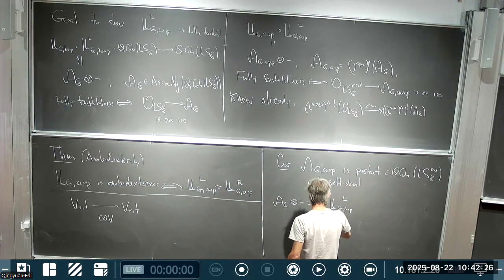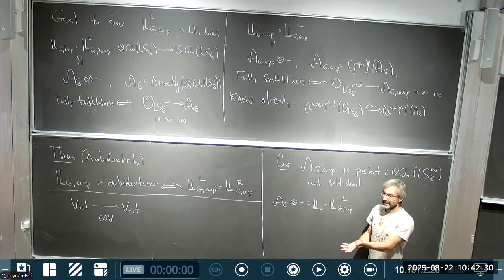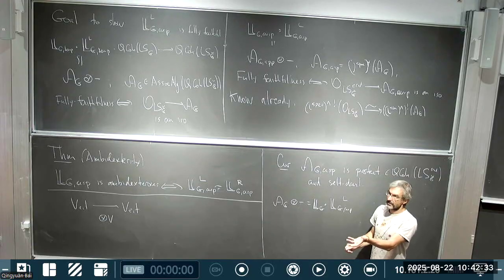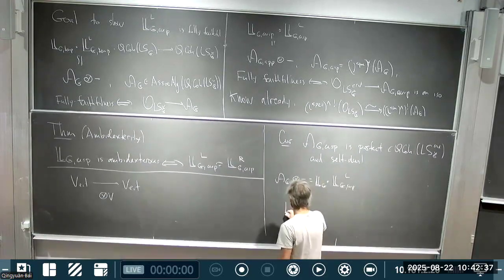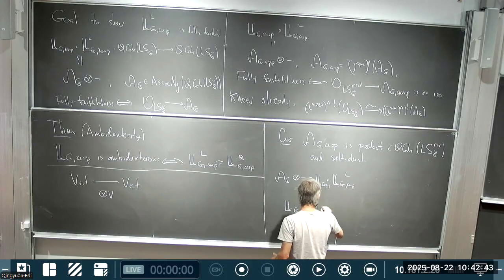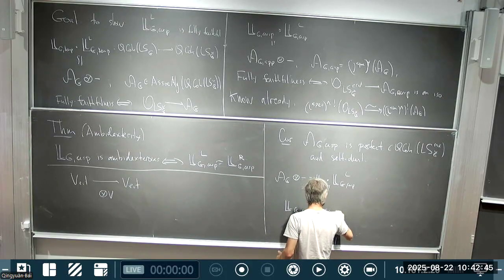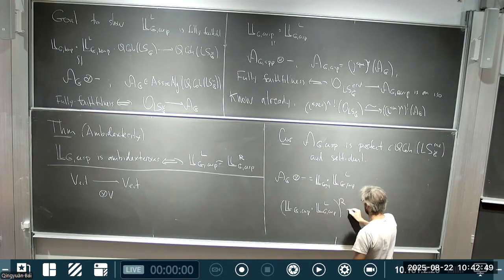I claim that this functor not only preserves compactness, its right adjoint is itself. Namely, take the right adjoint of this. How do we calculate the right adjoint? We write the adjoints in the opposite order.